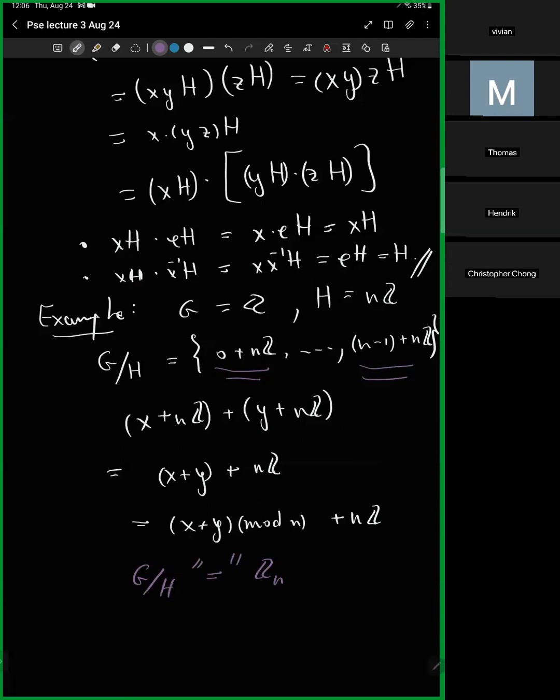But they are not equal; they are different sets. So we will need to make sense of this equality in a precise manner. But for now, you can at least grasp intuitively that this is another angle to look at the group of integers modulo n. Okay, this will be the end of the material for today.